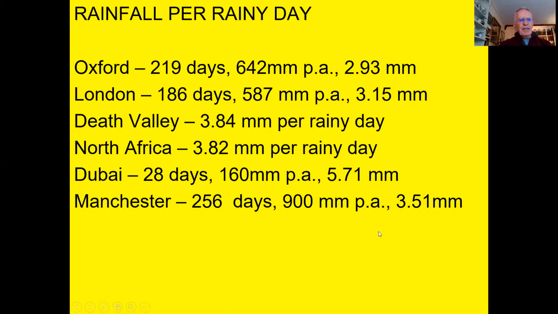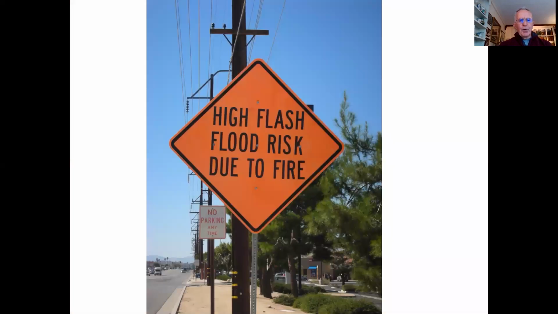And you can see some figures here for Oxford, London, and Manchester, compared with Death Valley, North Africa, and Dubai. And the figures are relatively similar, but even some of these quite small falls in deserts can generate runoff because of the infiltration capacity characteristics that I've already mentioned.